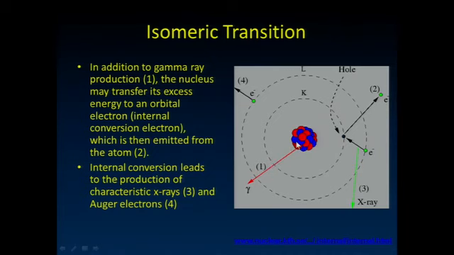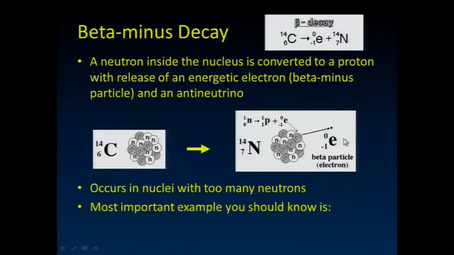In technetium-99m, 88% of the decays result in the production of this gamma ray. Only about 12% of the events result in an internal conversion electron. Of course, we'd love it to be 0, because that would be less dose in the patient, but it's about 12%. So that's what happens in isomeric transition.